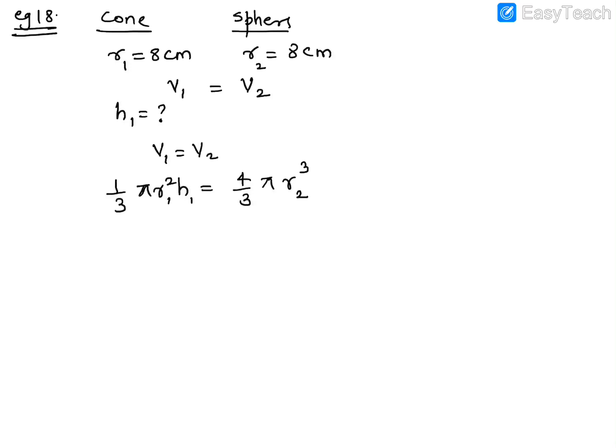We'll do first the substitution. So I'll get what here? 1/3 pi into r squared, so 8 into 8 into h1 is equal to 4/3 into pi into 8 into 8 into 8.